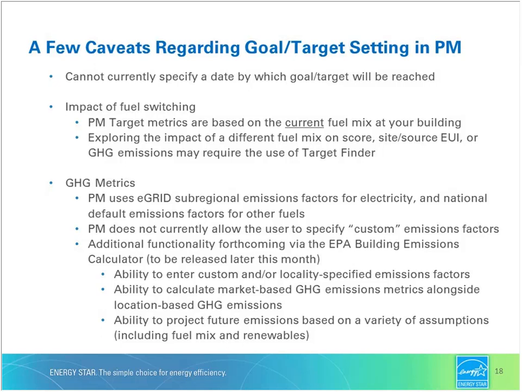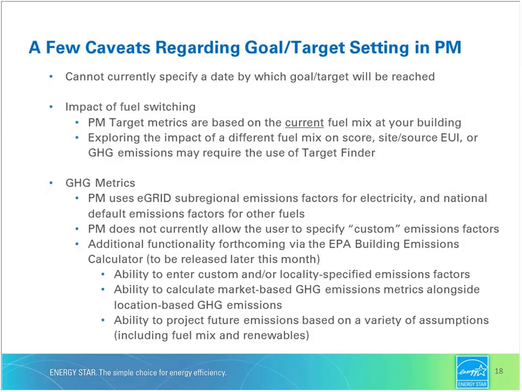So for instance, if you are accounting for all of your energy and you're 70% electric and 30% gas, when Portfolio Manager calculates what it's going to take to get you to a score of 75, it's basically presuming that you will maintain the same fuel mix at the property.